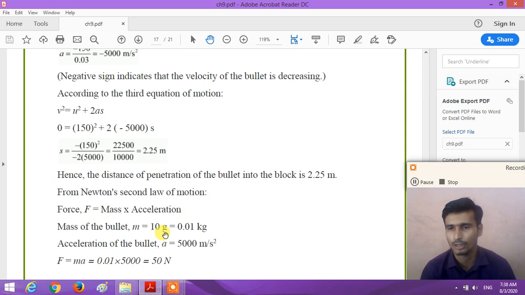We need to convert it into kilogram: 10 divided by 1000, we get 0.01 kilogram. Acceleration is 5000 meter per second square. So according to the formula F is equal to ma, the force acting on the bullet by the wooden block is F equal to 50 Newton.